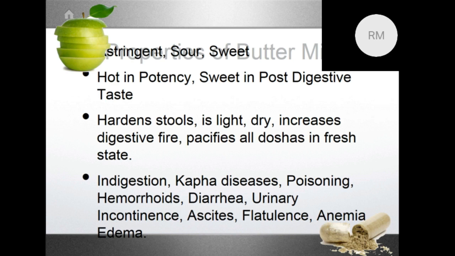Even for alcoholism, if you take too much alcohol and you have the symptoms of excess consumption of alcohol, then using buttermilk is a counter remedy. So these are various ways in which buttermilk is used as a dietary ingredient.